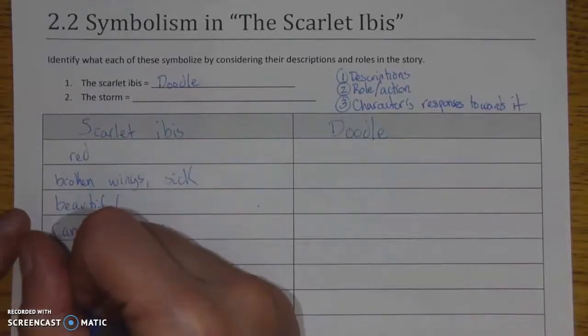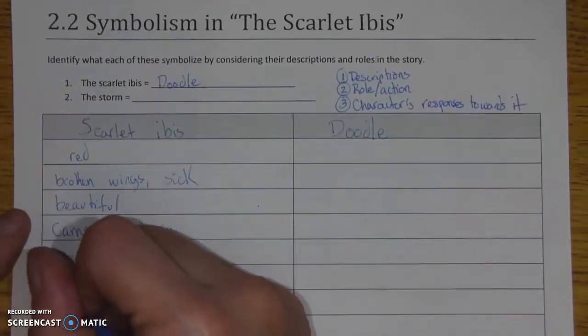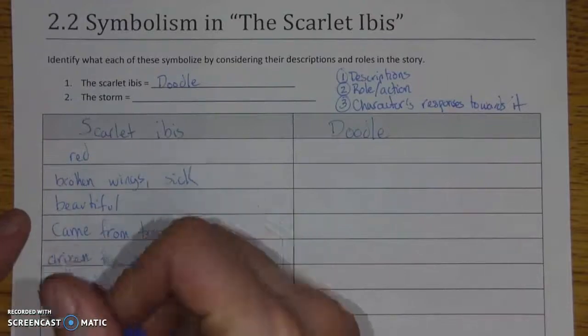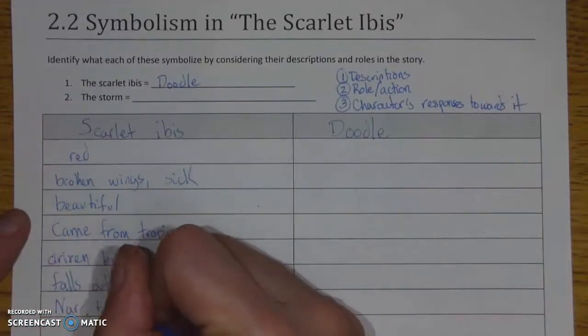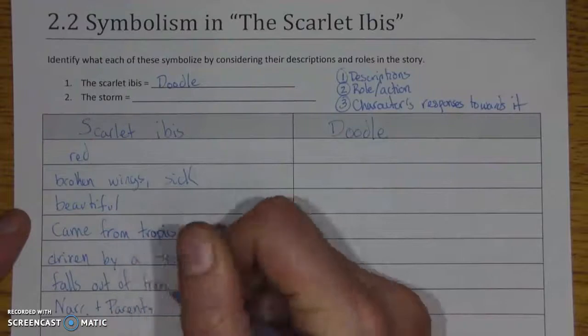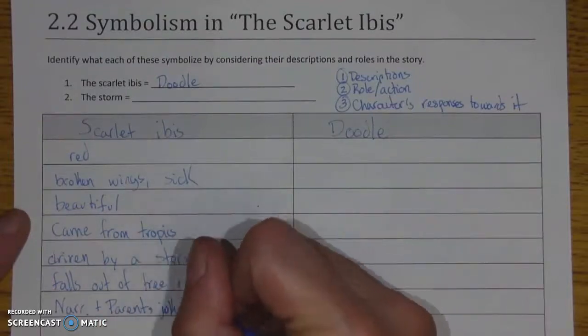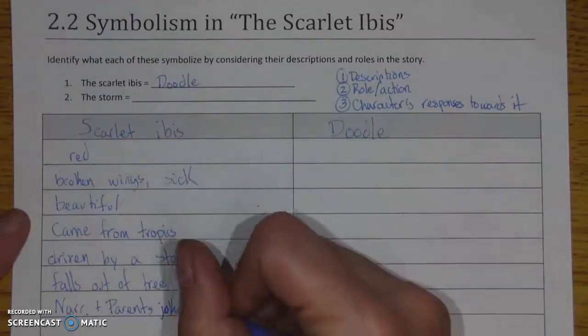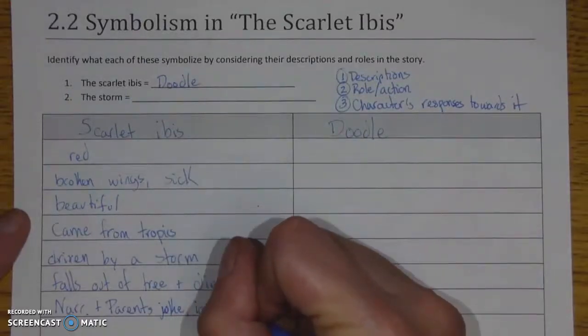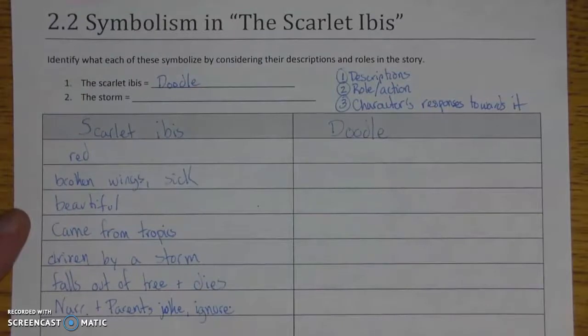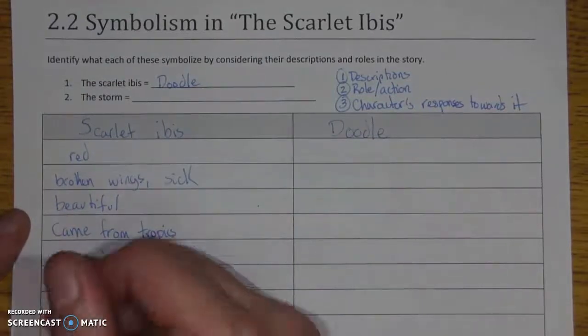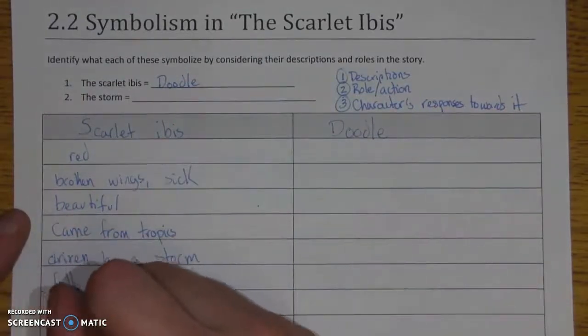Now we really have two main responses. We have the narrator and his family, so the narrator and the parents, and they respond kind of jokingly. So they joke a little bit. They more or less ignore it after it dies. It's not super important to them. And that's in direct contrast to Doodle.